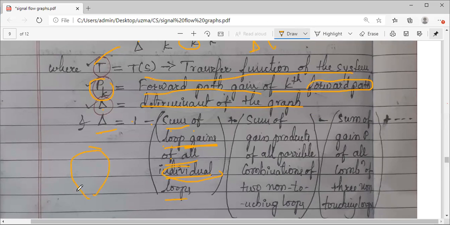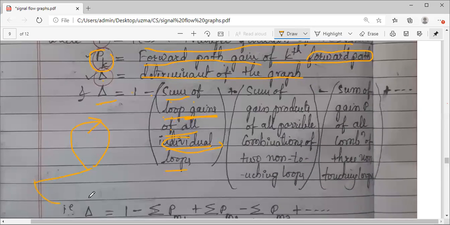This kind of structure, a self loop or something like this. Sorry, the direction should be like this and this. So this is one loop. Individual loops means single loops. So it is 1 minus this, then plus, then minus; alternating plus and minus signs will go.